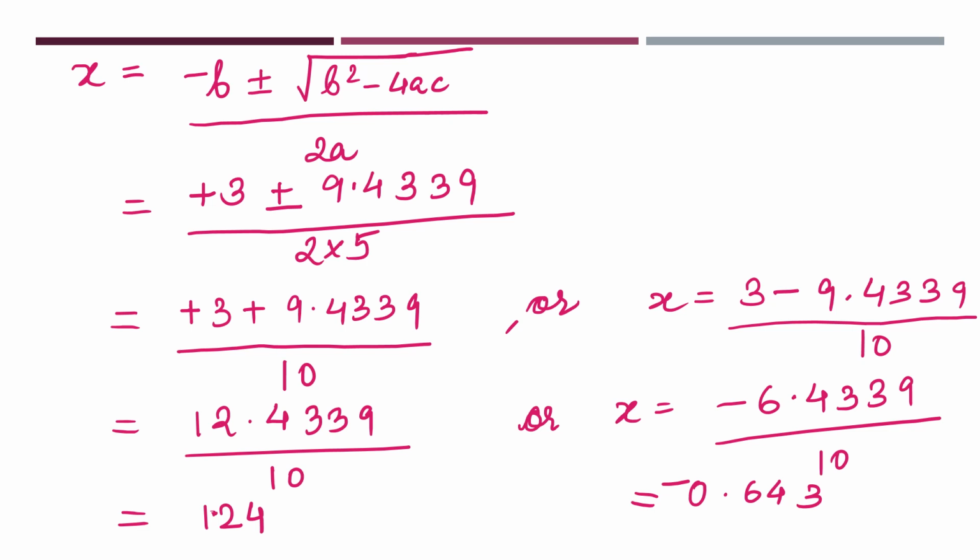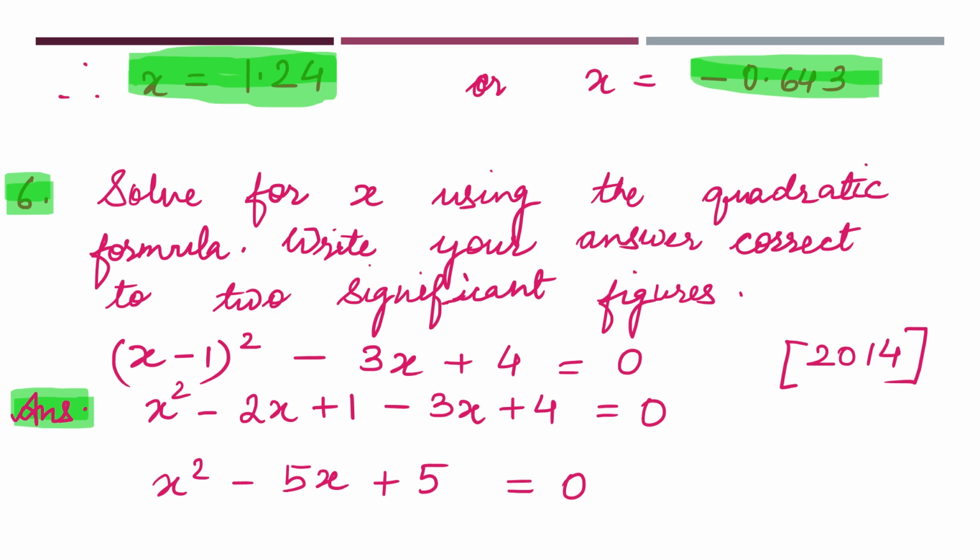So what will be the answer, children? We have to give the answer till 3 significant figures. When we divide it by 10, we get the answer as 1.24, and on the other side we get minus 0.643.